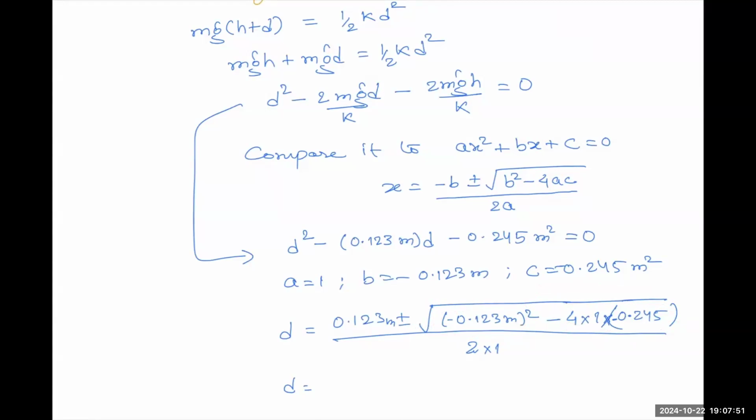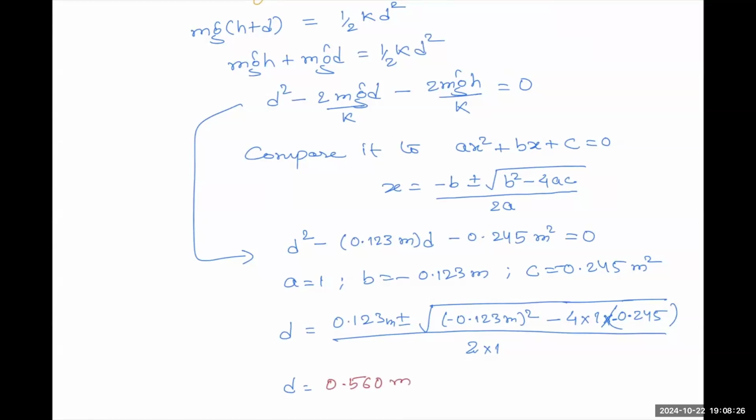Okay. 0.123 squared, not minus, plus 4 times 0.245, equals this square root. This plus 0.123 is divided by 2, and then I get 0.560 meter.